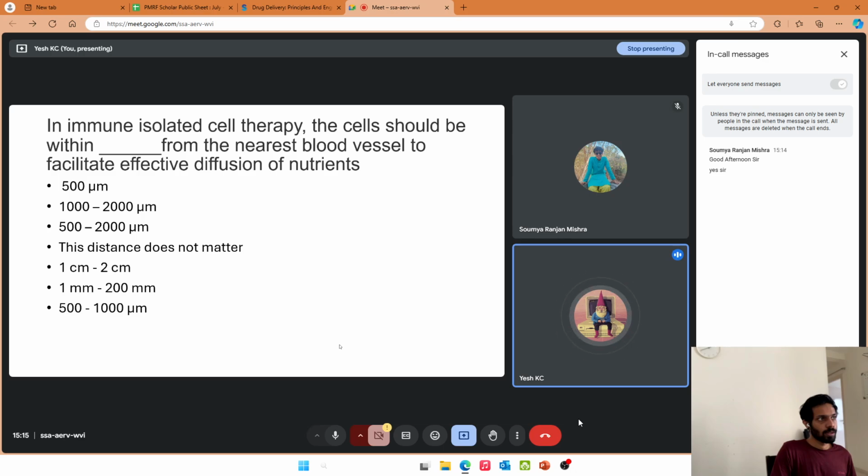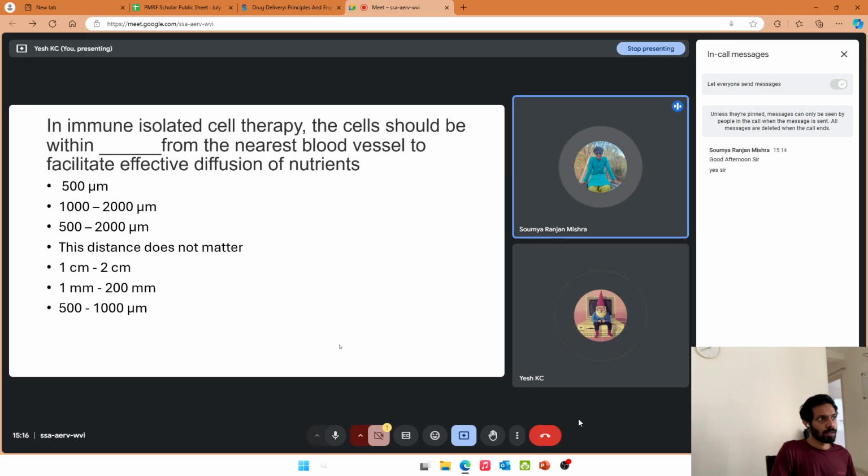But you're immune isolating them by surrounding them with polymeric coatings or whatever the case may be. Diffusion permeable membranes, but how far away should the cells be from the nearest blood vessel to facilitate very effective diffusion of nutrients? Because these cells still require nutrients, right? So, what is the limit of distance you can place them from a blood vessel?